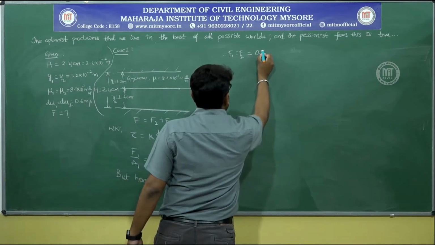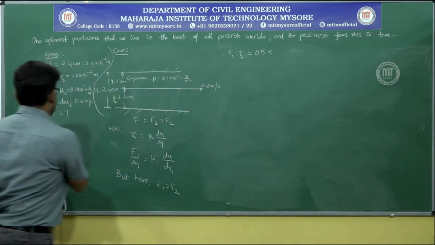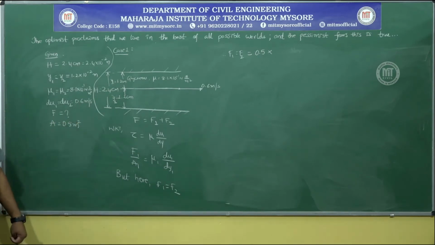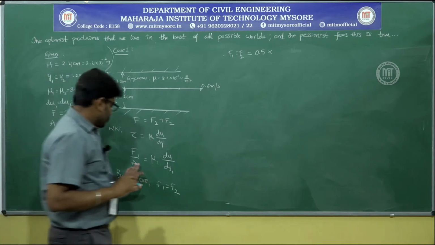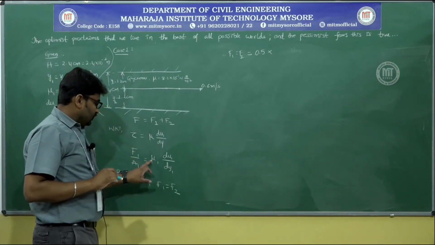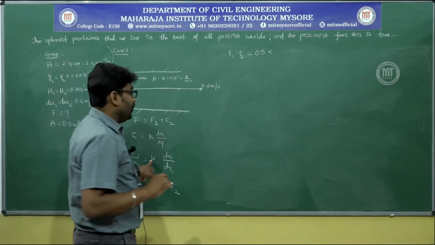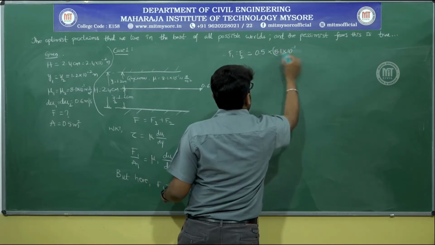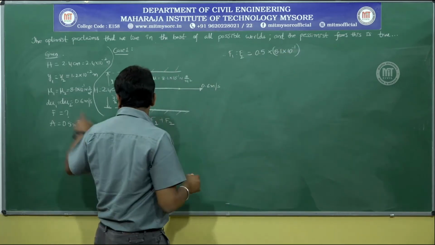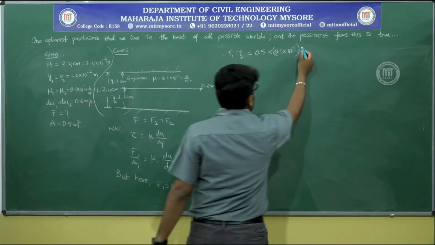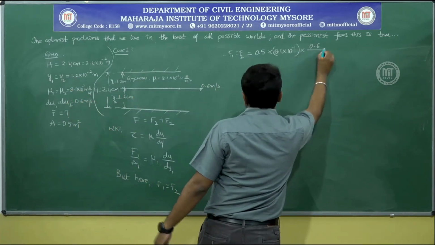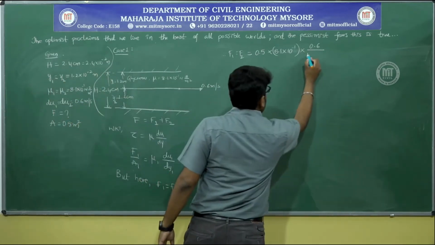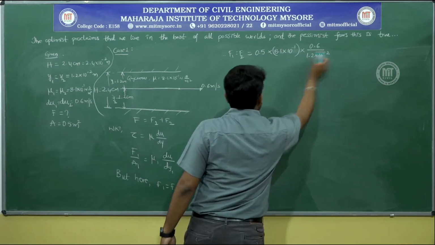So, A1 is 0.5, that I have not written in the given data, A is equal to 0.5 meter square. So, F1 and F2 is equal to A1, I have sent it onto the right hand side, 0.5 into mu is 8.1 into 10 power minus 1 into du1. du1 is 0.6 divided by dy1, which is y1 here, and that is equal to 1.2 into 10 power minus 2.